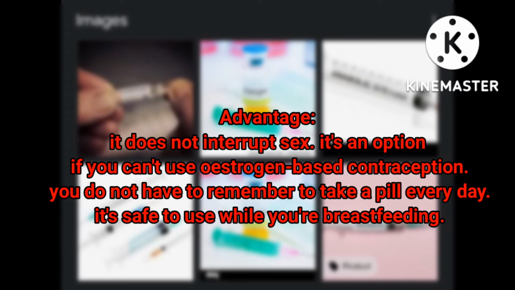Advantage: it does not interrupt sex. It's an option if you can't use estrogen-based contraception. You do not have to remember to take a pill every day. It's safe to use while you're breastfeeding.